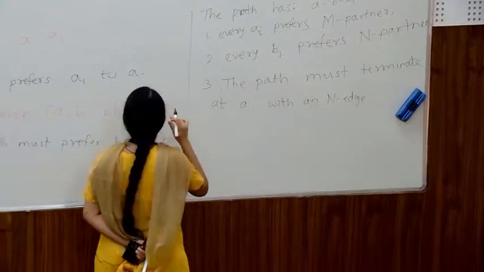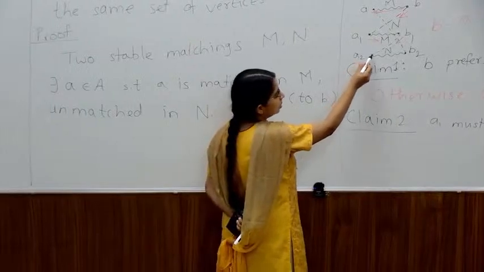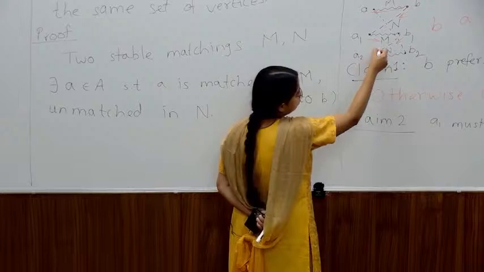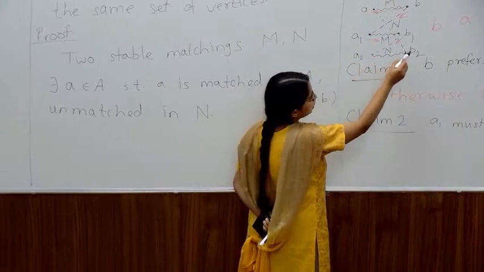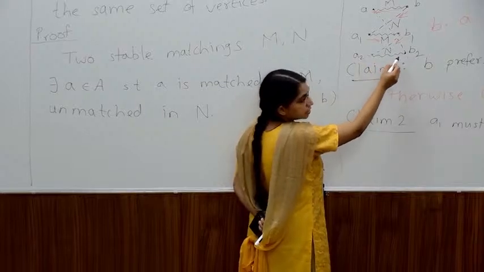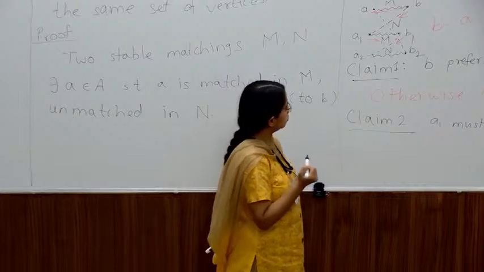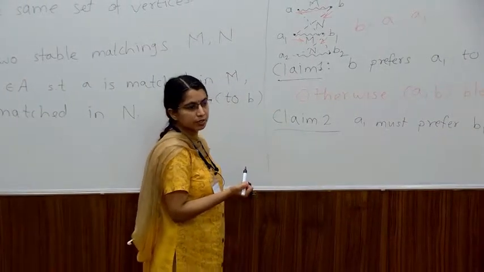You can convince yourself that there is no other way for this path to terminate. It cannot end in an A vertex because then the last edge will be a blocking pair for M, and it cannot terminate in a B vertex because the last edge that is taken will be a blocking pair for N. So there cannot be a last edge for the path at all, because it is always going to be a blocking pair.